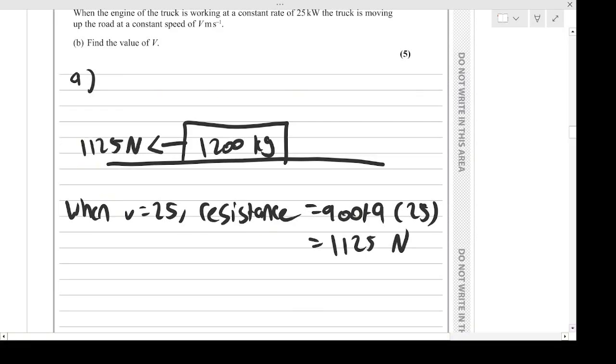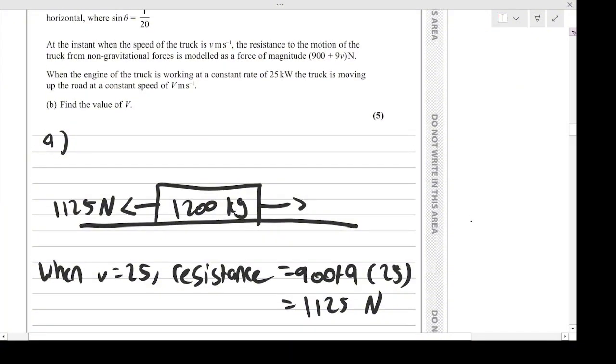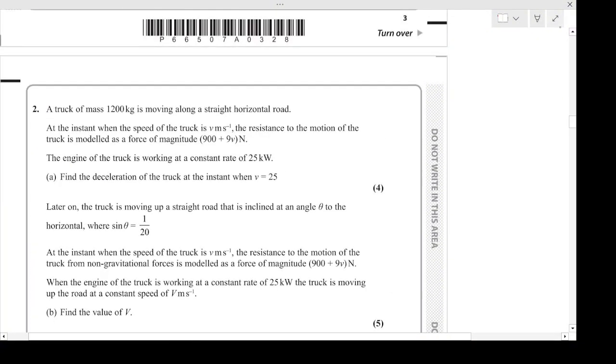Okay. Now there's also going to be a driving force that pulls it forward, right? And that is because we know there's a driving force because there's power involved. Because if you pay attention to this sentence here, working at a constant rate of 25 kilowatts, that tells me this is power. Okay, this 25 kilowatts, because I'm told work at a rate.